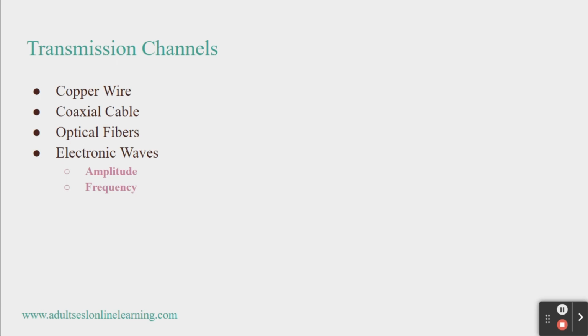Coaxial cable. Coaxial cable usually consists of 4 layers. A central conducting wire is surrounded by an insulator. Then there is another conducting layer, which is surrounded by a final insulating layer. Most cable television signals are transmitted by a coaxial cable.